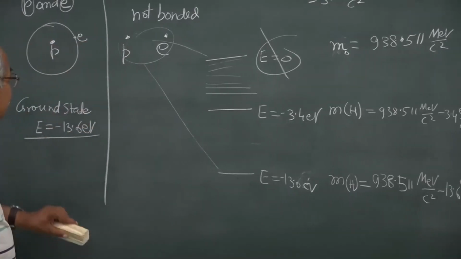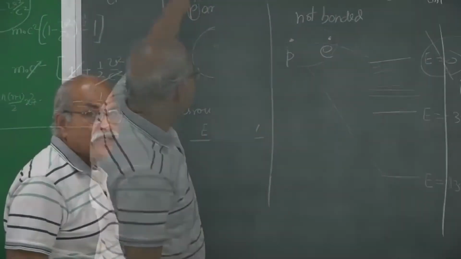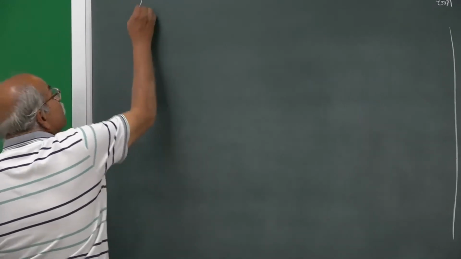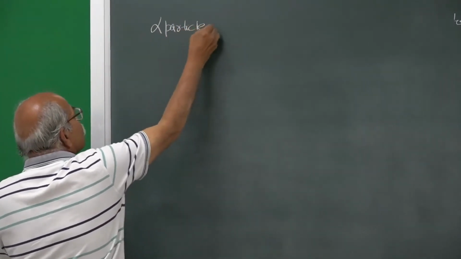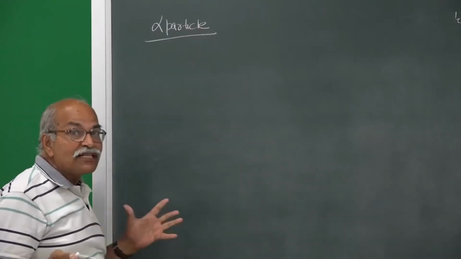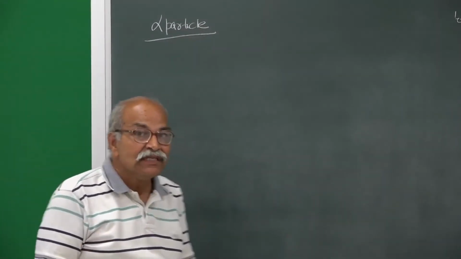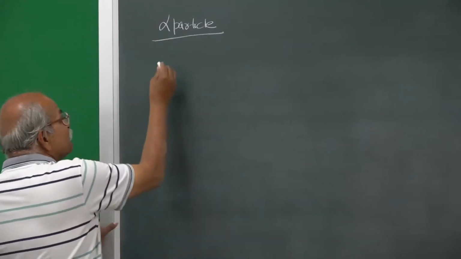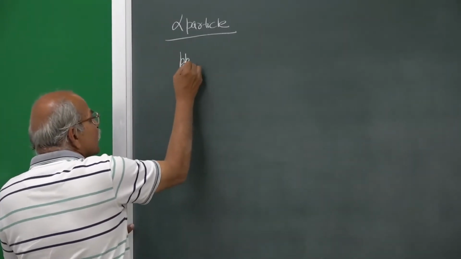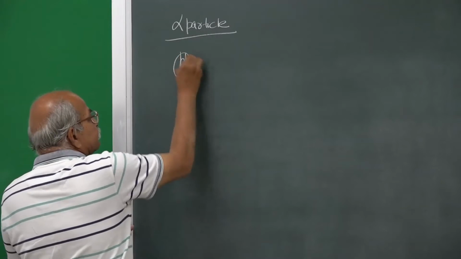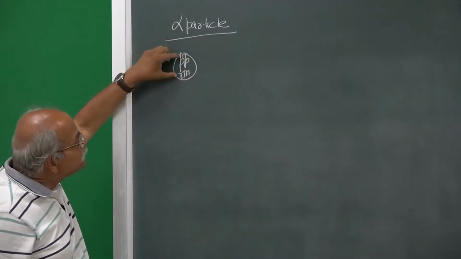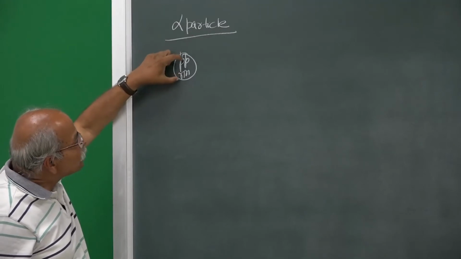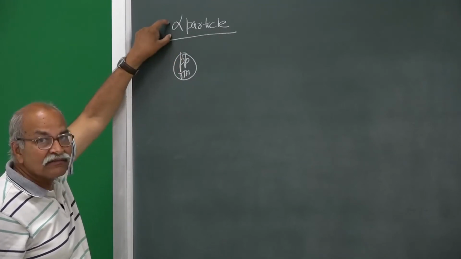Let us say helium, the alpha particle. What is an alpha particle? An alpha particle is the nucleus of a helium atom. The nucleus of a helium atom is 2 protons and 2 neutrons bound together in a very small volume, that is the helium nucleus, which is also called an alpha particle.